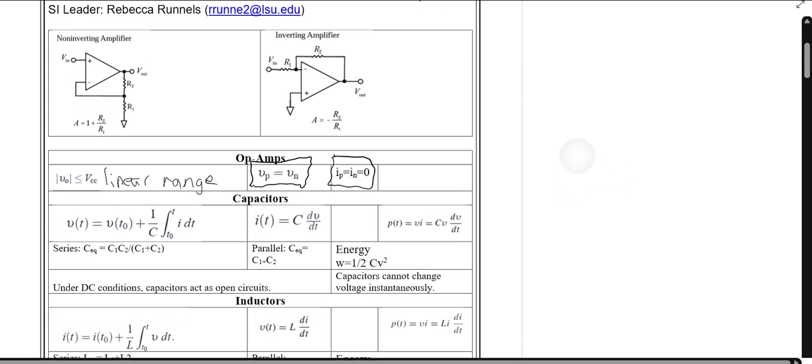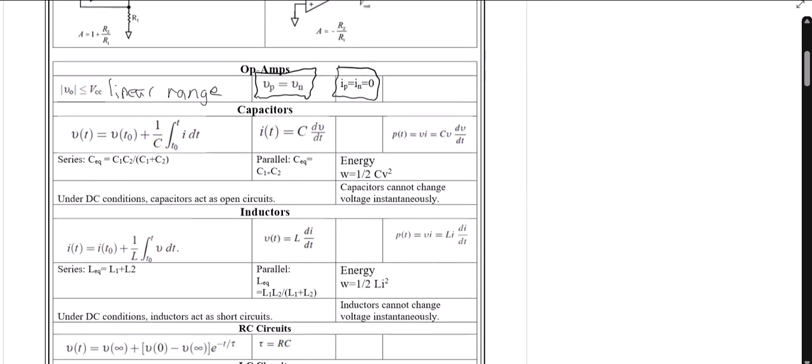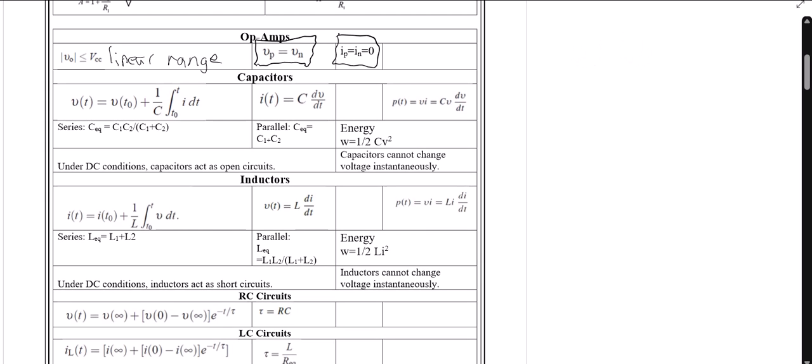And then for capacitors, the main thing for a capacitor is that i of t equals C dV/dt. So that's the fundamental equation for a capacitor. And then from that, if you integrate, then you can get the voltage.